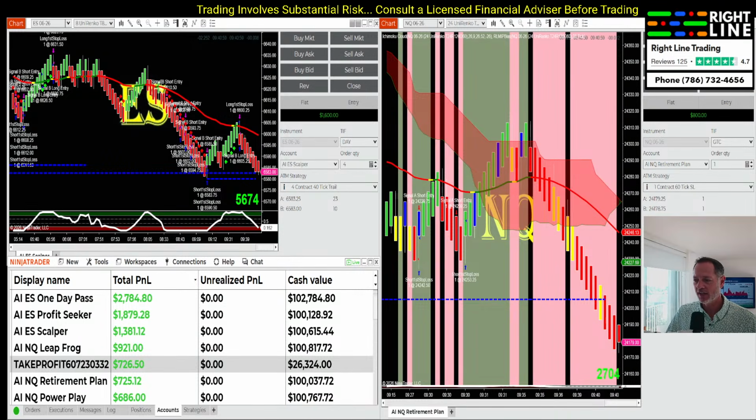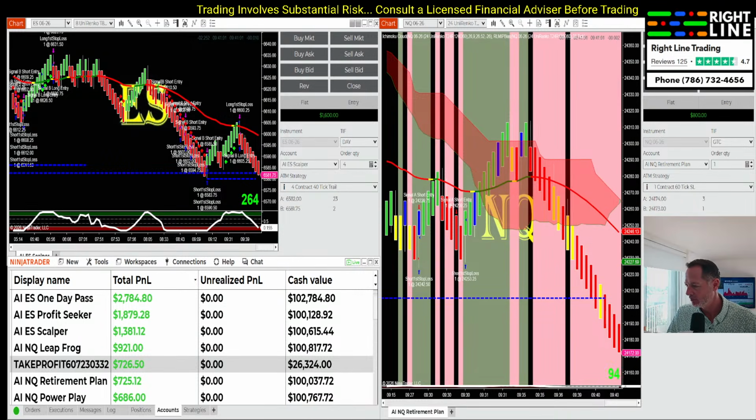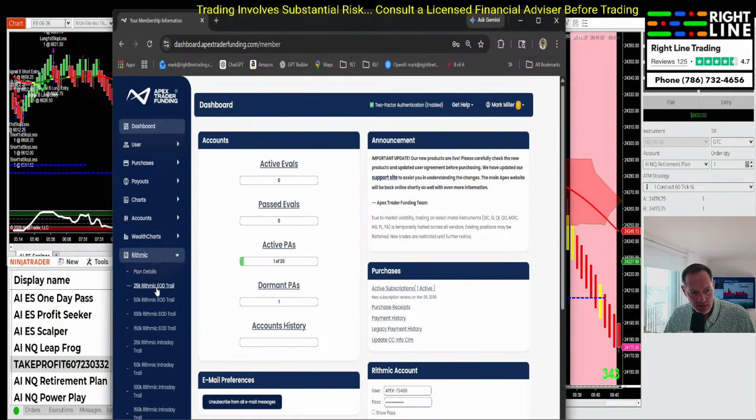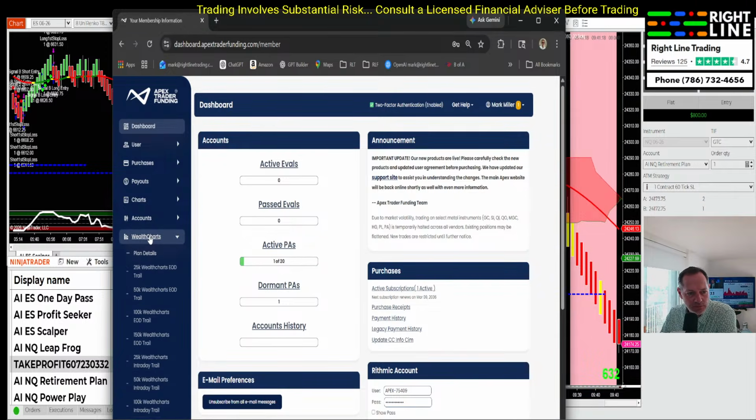So there's three different options that you can buy, I believe, still. Rithmic. So these are the ones I buy. These are somewhere in this range. I've always traded Rithmic 100% of the time. I've never used this one yet. Wealth Charts, I've never bought any of those.